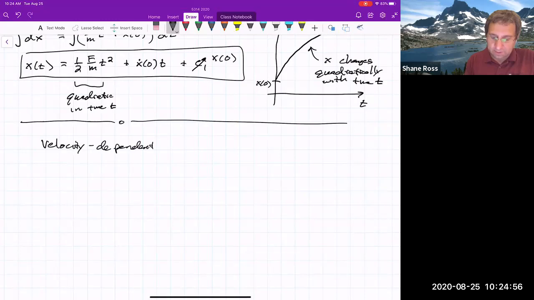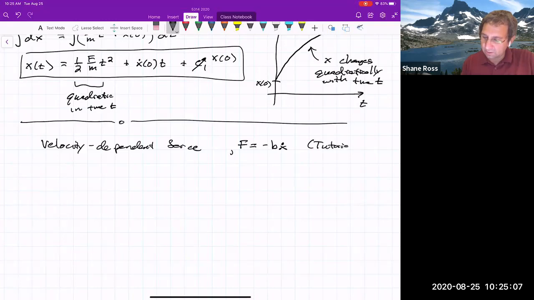So a velocity dependent force, I'll use this, F equals negative b x dot. And this is actually covered in tutorial 2.2 of the book.